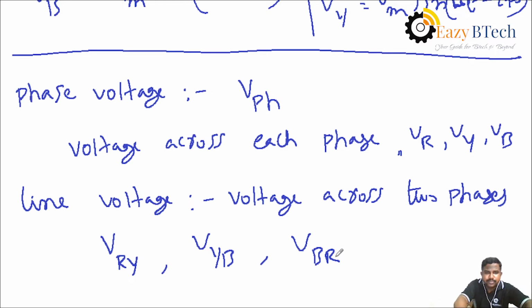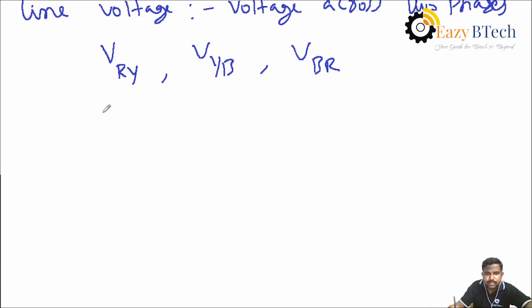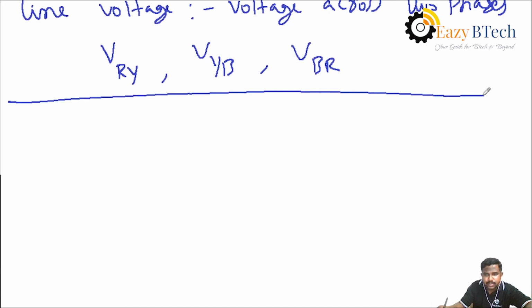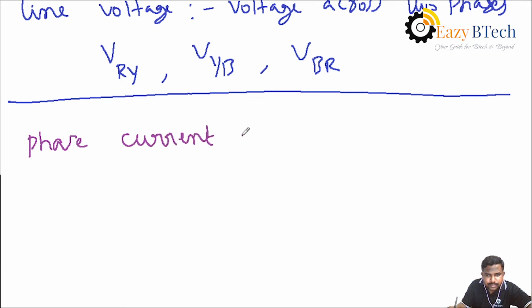In the same way, what is phase current? We can represent it with IPH, and the line voltage we can represent with VL.